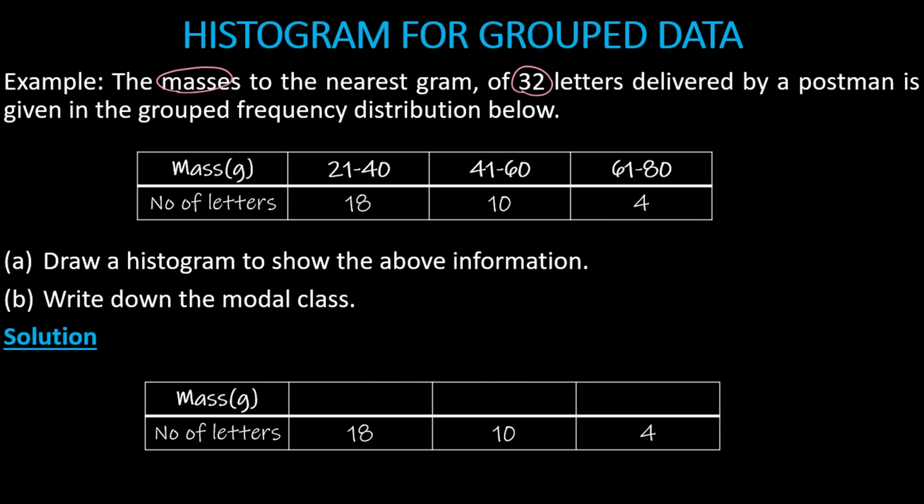Let us look at the intervals. The first interval is from 21 to 40 grams. The next interval is from 41 to 60 grams. And the last one from 61 to 80 grams.